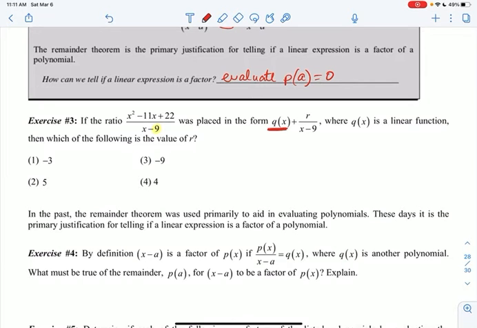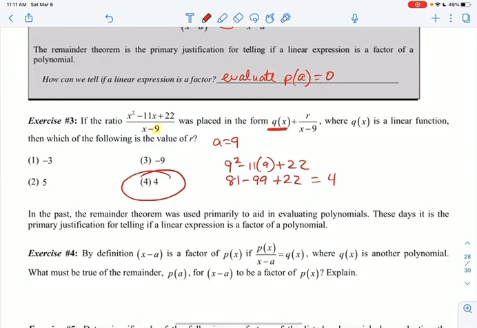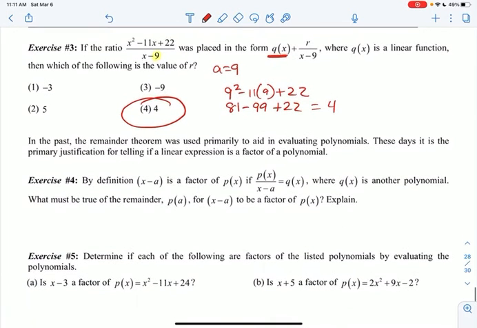My a is 9, so I'm going to plug in 9. It's just going to be 9 squared minus 11 times 9 plus 22. 9 squared is 81 minus 99 plus 22 equals 4. That's my remainder. So you don't have to actually do the division if all they're asking you for is the remainder. All right, exercise 4.